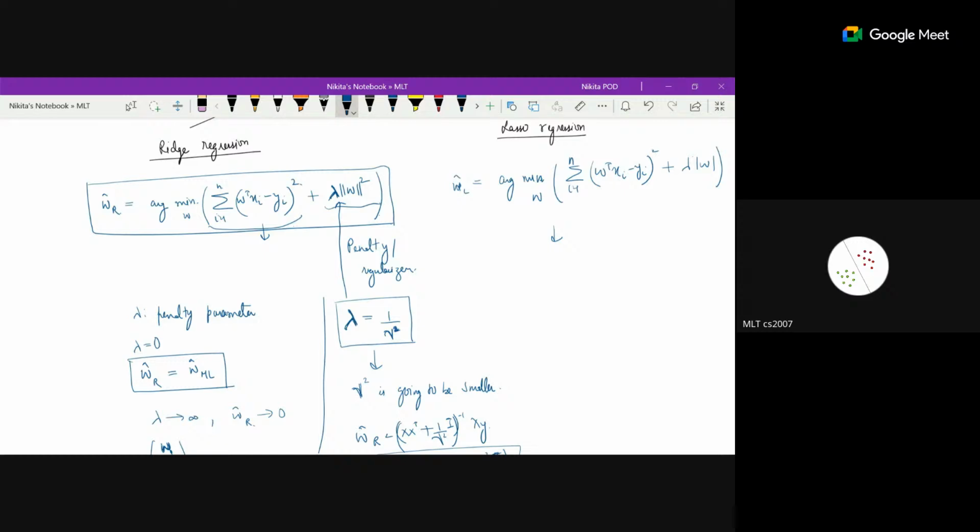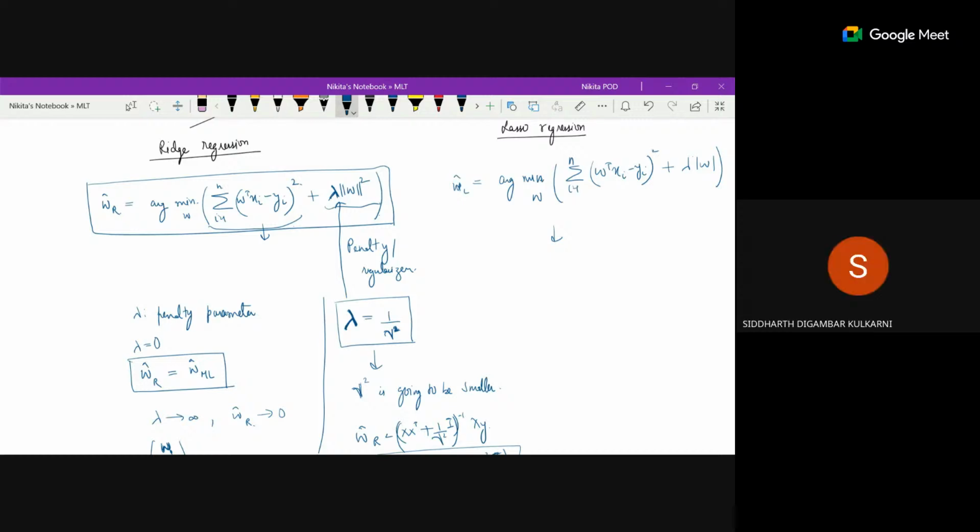So as you increase your lambda, maybe from 10 to 100, let's say, that will make your features more and more redundant, right? It means most of the W's will be closer to 0.